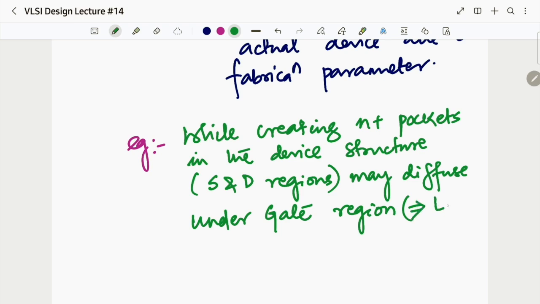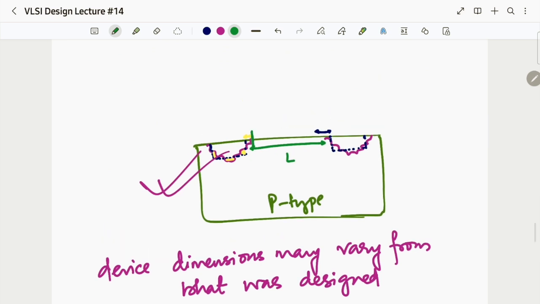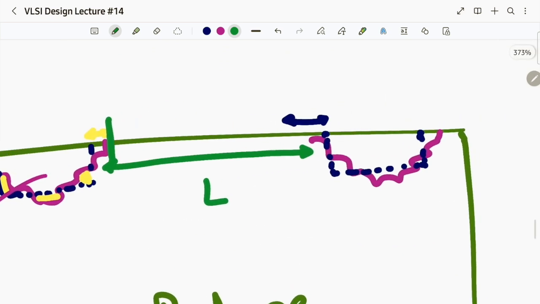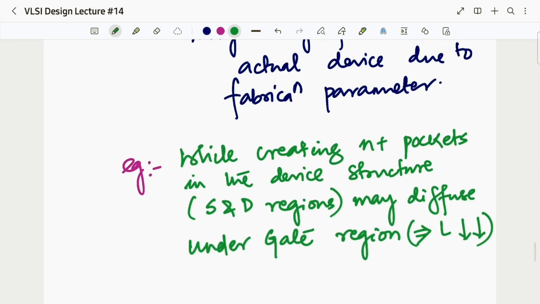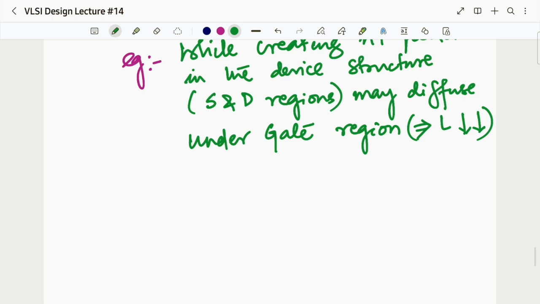This implies that channel length gets reduced. Over here, see on the drain side, the pink outline, if you can see over here, that is encroaching where? Under the gate region. So what will happen? It will reduce the channel length. Okay, so these are the examples of geometry dependence.